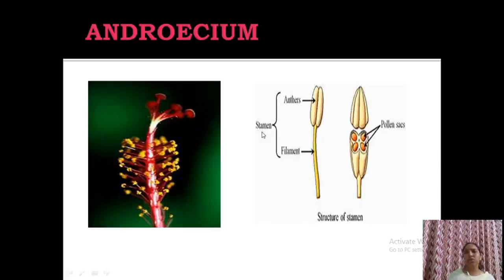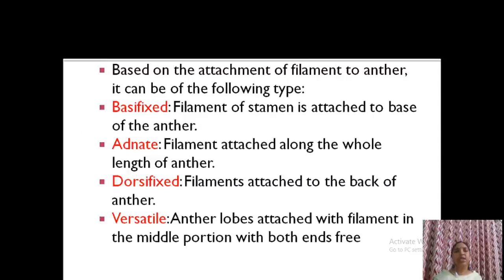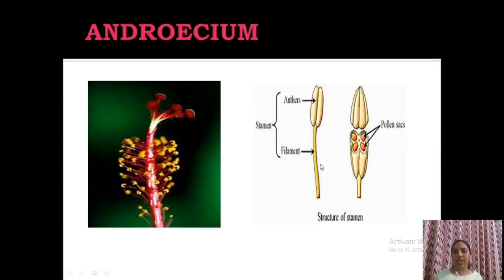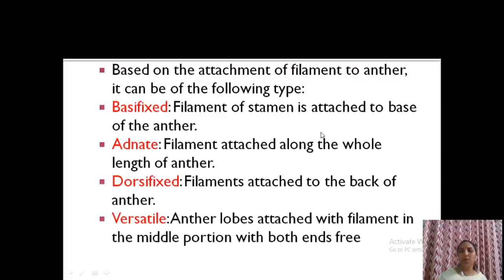So now we are going to discuss the androecium. What is the unit of androecium? Stamens. What are the parts of a stamen? Stamen has anthers and filaments. See how anthers are classified based on the attachment of the filament. You know what a filament is? This is the filament. Clear? The filament attaches to the anther. Based on this attachment, you can classify them into 4 types: basifixed, adnate, dorsifixed, versatile.